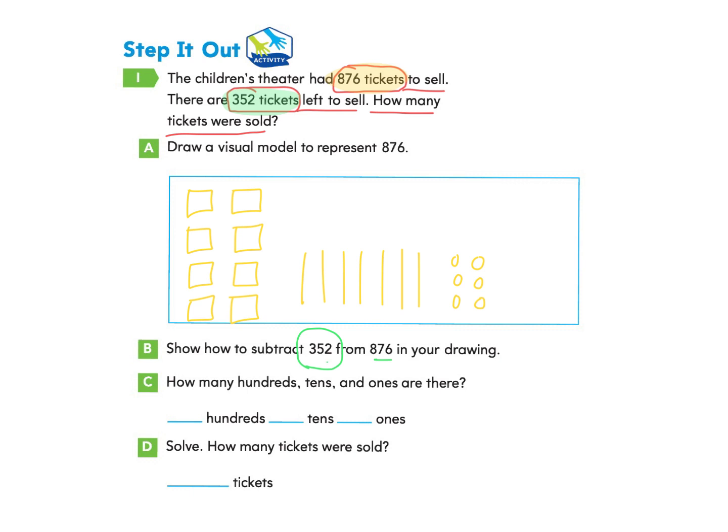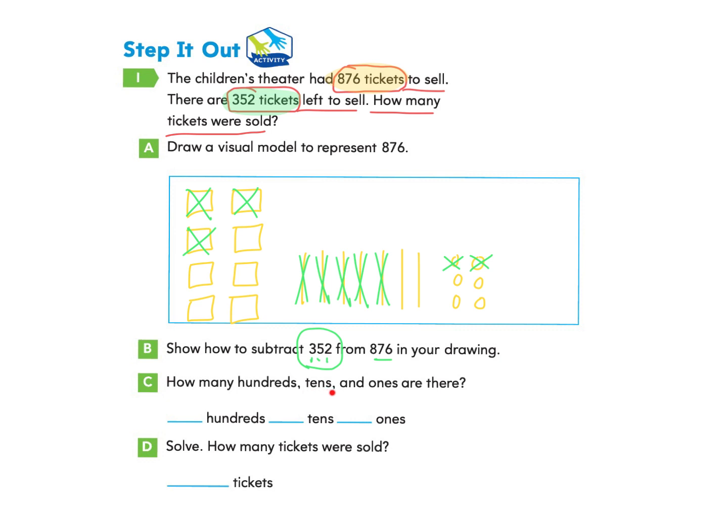We start with the ones column first, and we subtract 2 ones. Then we go to the tens column, and there are 5, so we're going to subtract 5 tens. And then we go to the hundreds column, and there are 3, so we're going to subtract 3 hundreds.